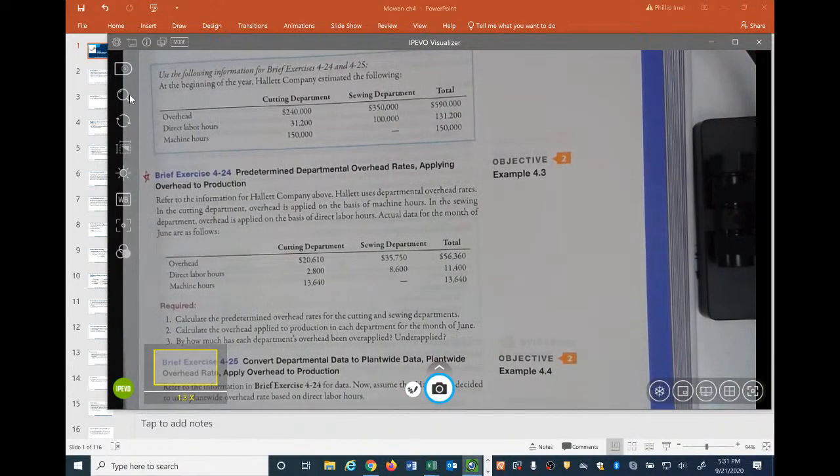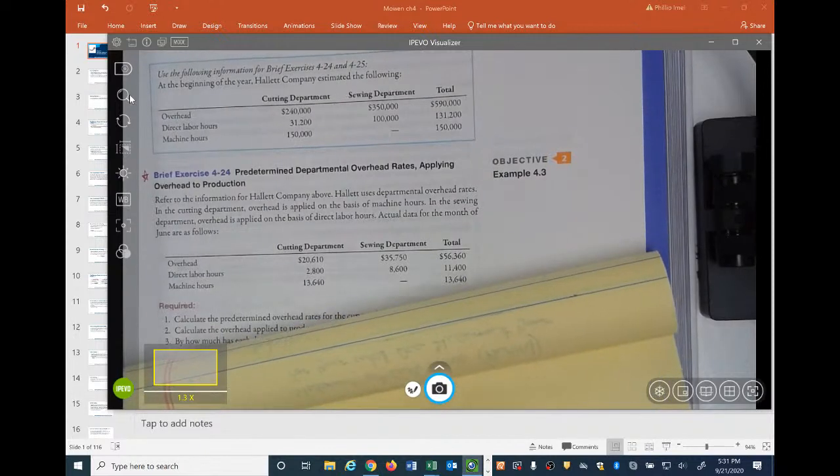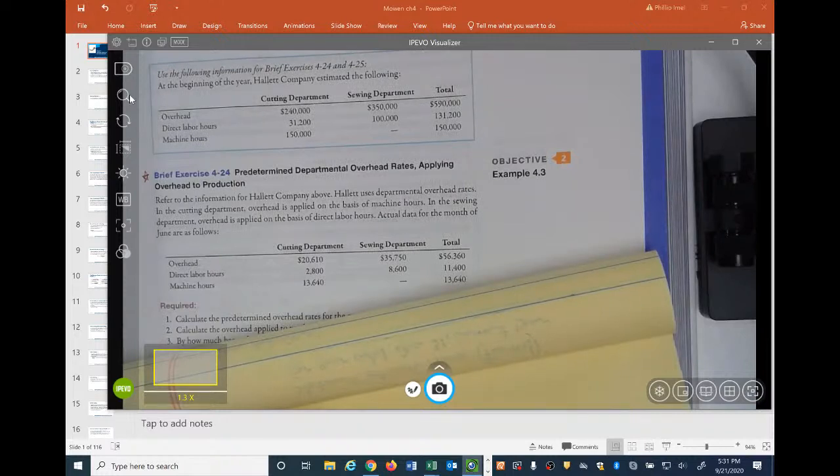Okay, so what's the first thing we want to do? Find the predetermined overhead rate. So we'll say for the cutting department, this is number 1 of 4-24.